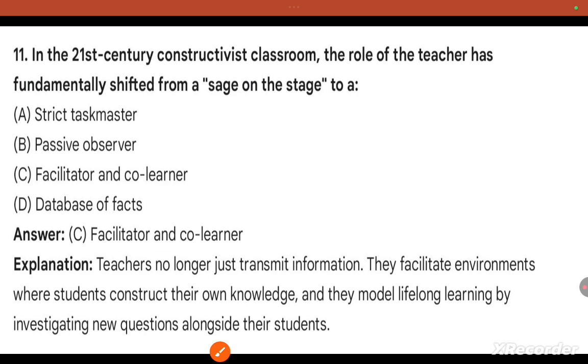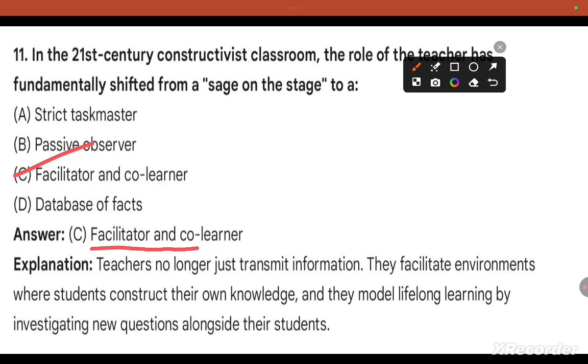Question number 11. In the 21st century constructivist classroom, the role of the teacher has fundamentally shifted from a sage on the stage to what? A strict taskmaster, a passive observer, a facilitator and co-learner, or a database of facts. The answer is facilitator and co-learner.